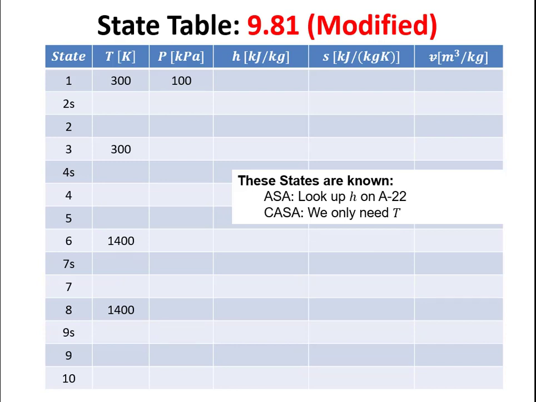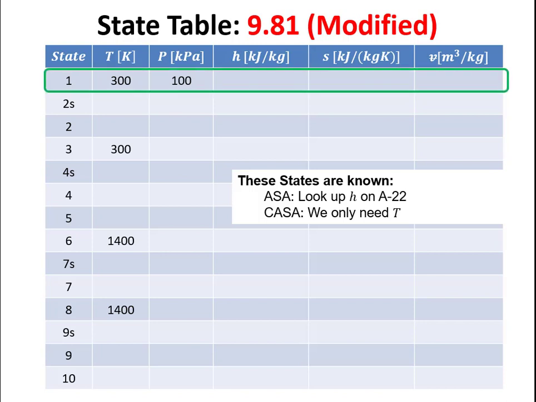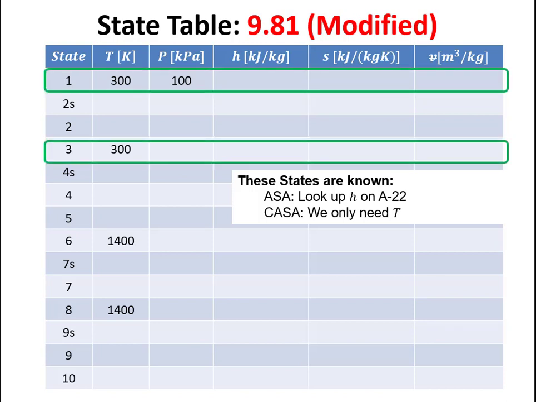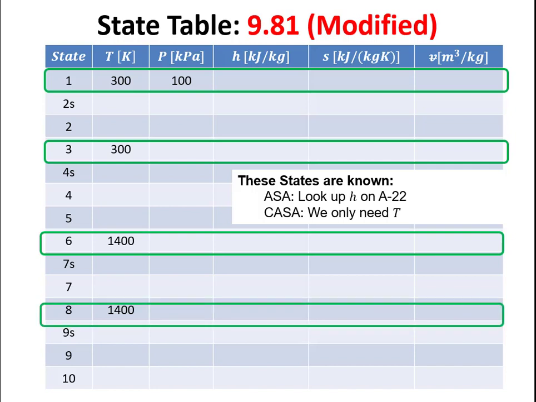So if we're going to use the air standard analysis, then we want to look things up on table A22. If I'm going to do a cold air standard analysis, then all I need are the temperatures and the pressures, so I don't need to look up things like H or S or specific volume. So if I was doing this numerically, I would look all of these up on my states.